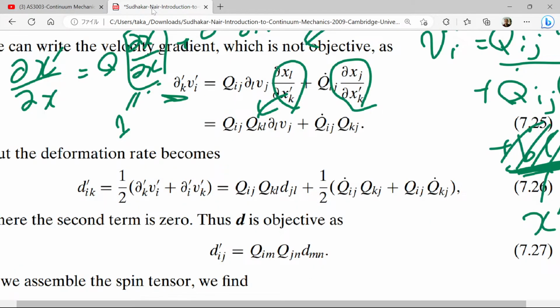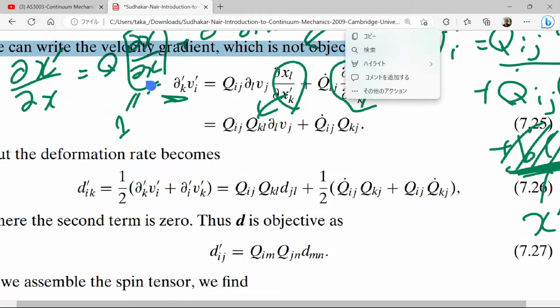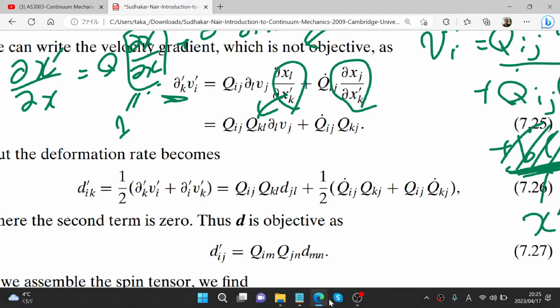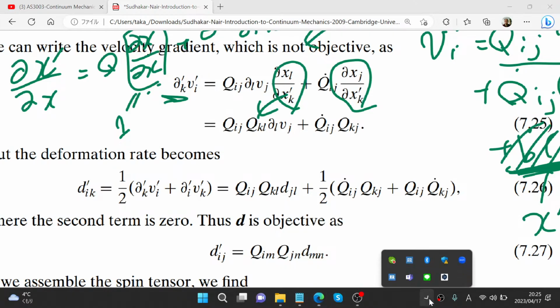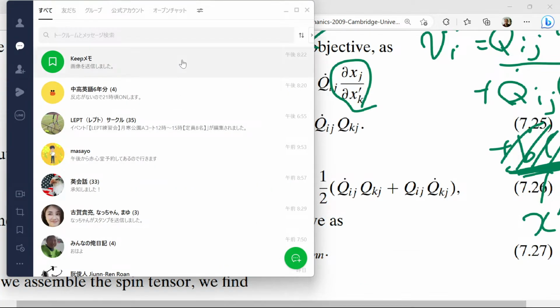So whether this one is it? No, this pen doesn't appear. Okay, what is this? This is the question we had. So I kind of worked out in my note. So let's see.